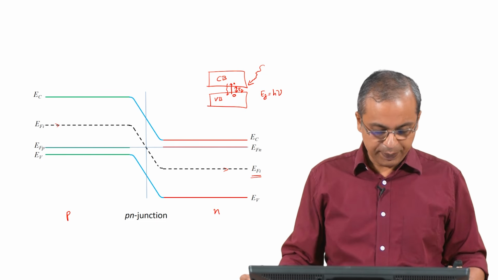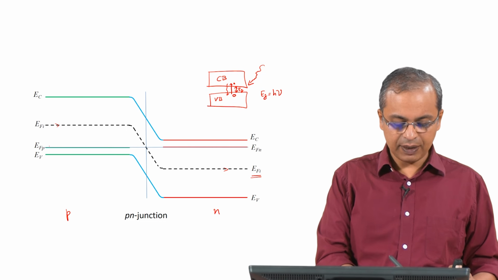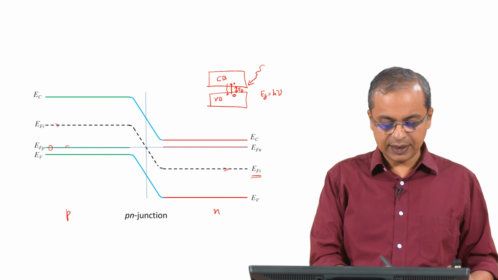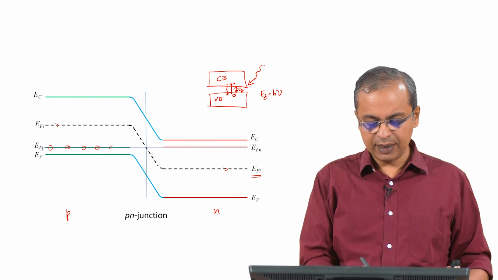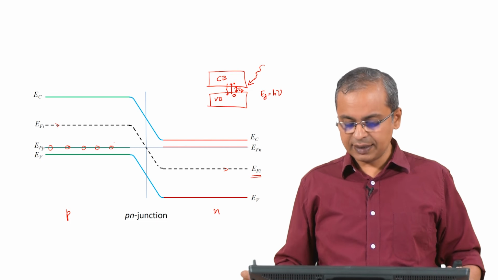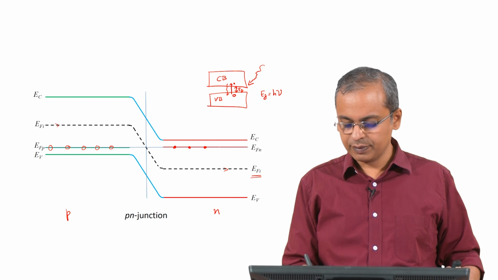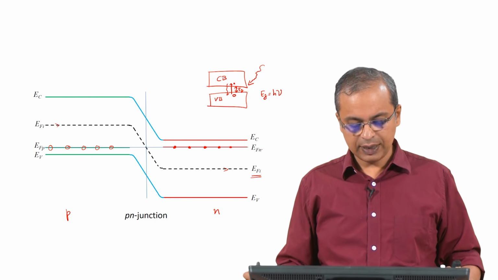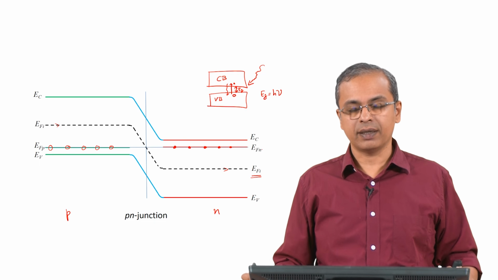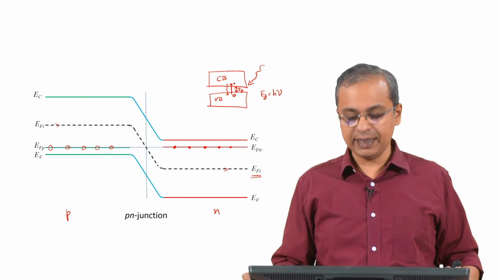Now, because on the p side you put in some dopants, you created some acceptor levels which were here. Those acceptor levels made it easy for electrons to go to them. Similarly, on the n side you put in some donor levels, so donor levels showed up here, and that again made it easy for the material to get charge carriers into the system.